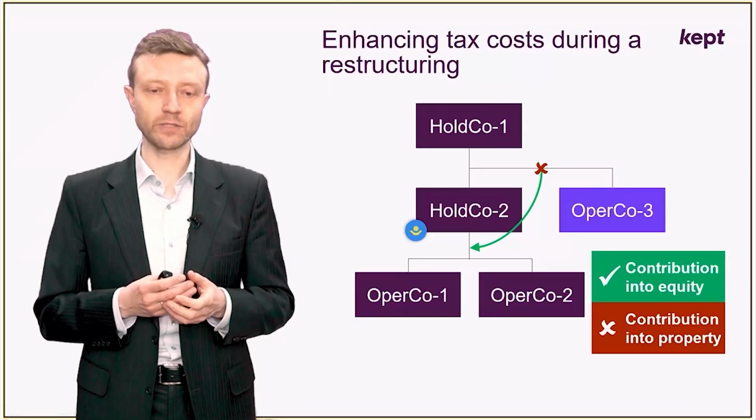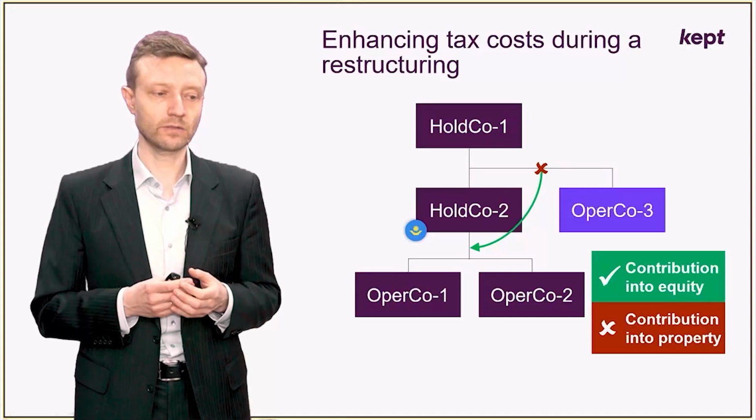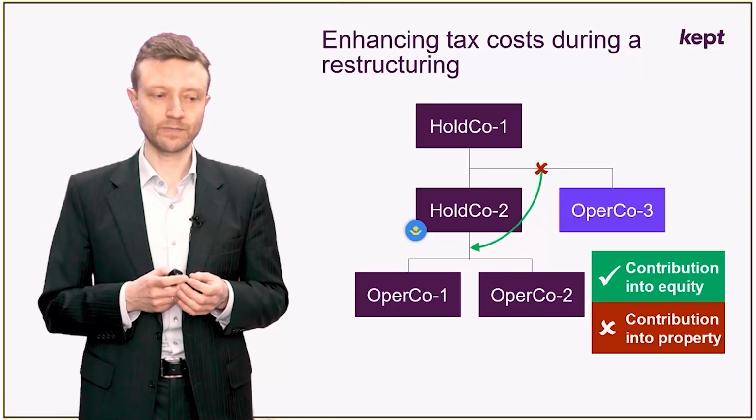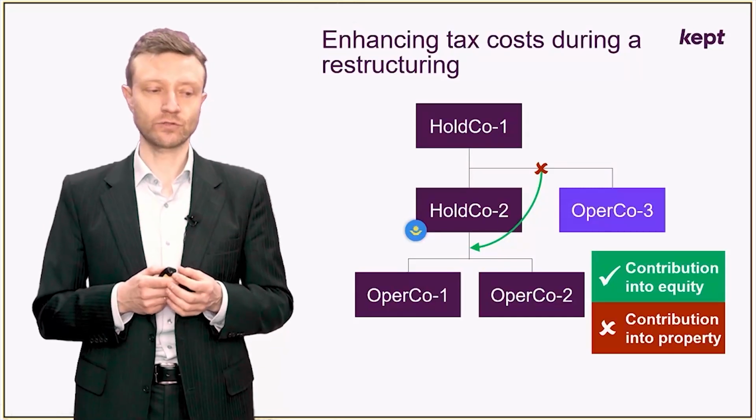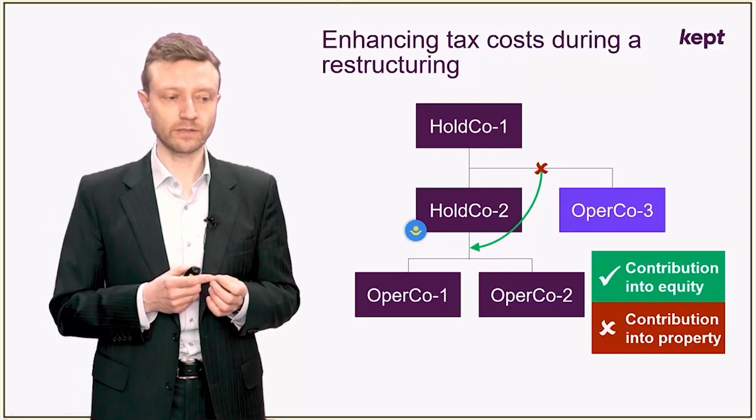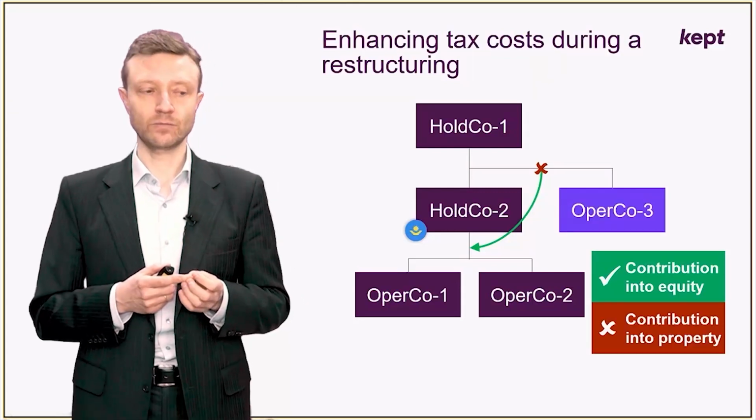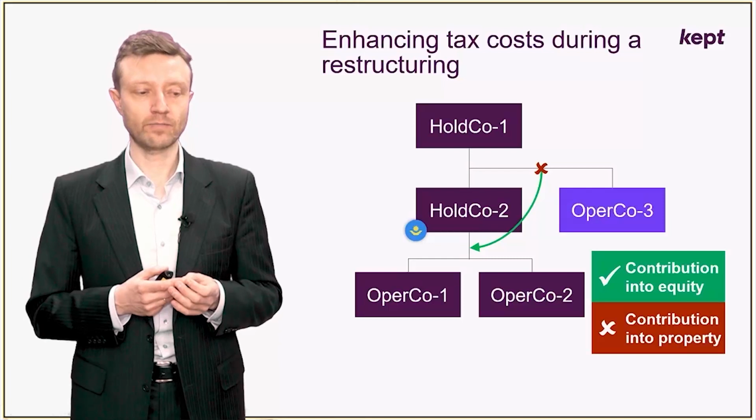There is no specific exemption, unlike in Russian tax law. There is no specific exemption for contributions of property into assets in Kazakhstan. This is why contributions into equity are preferable.